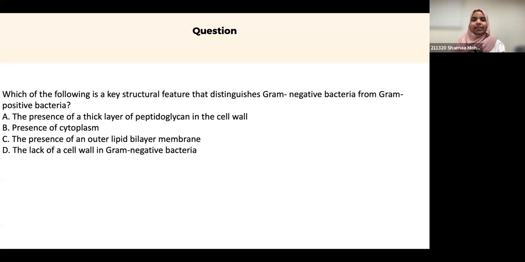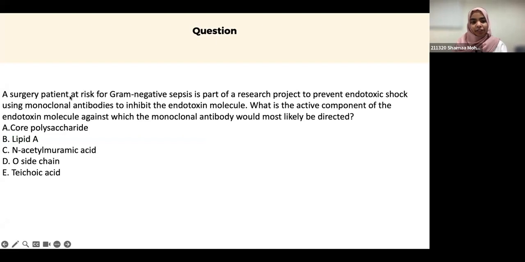So in an exam, sometimes questions like this can confuse you because you might put the feature of gram-positive instead of the gram-negative. So gram-negative has the outer membrane. The thicker peptidoglycan is in a gram-positive bacteria. Cytoplasm is present in every single cell. And the lack of cell wall is not in gram-negative bacteria. It's in mycoplasma.